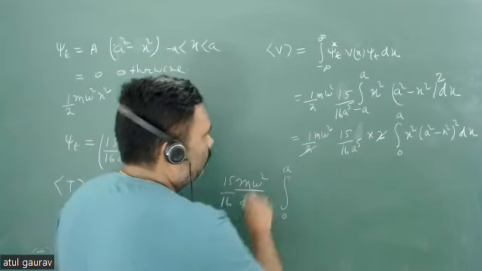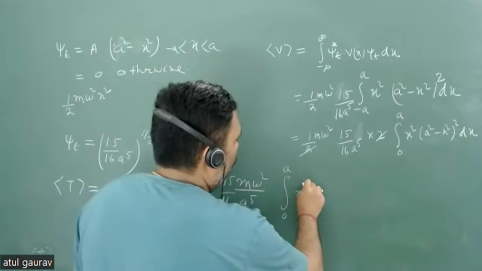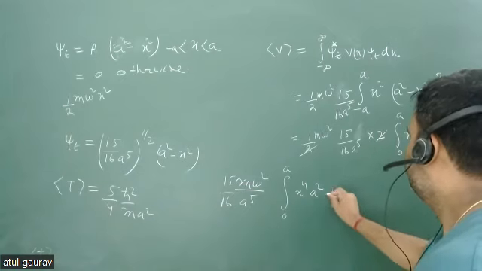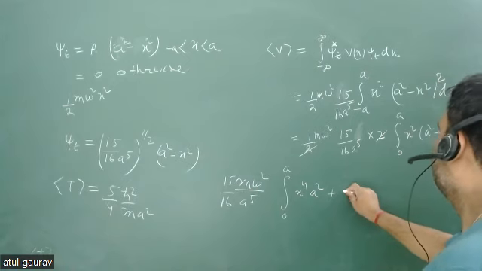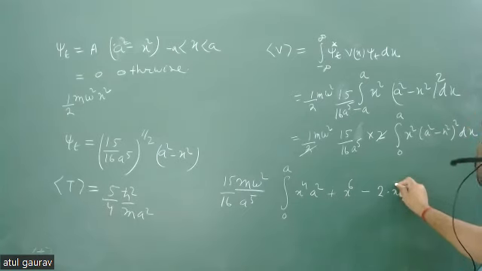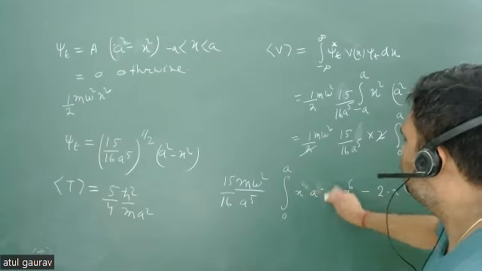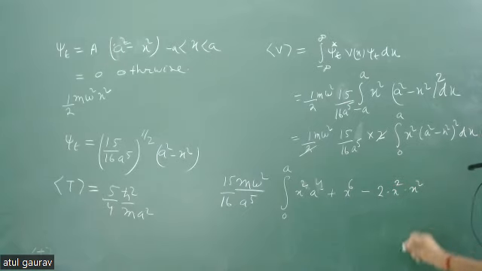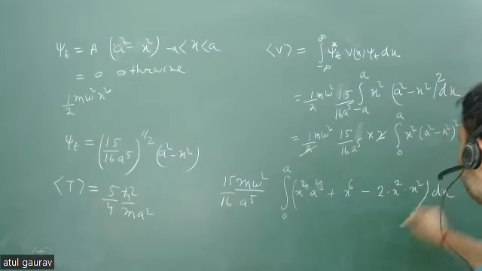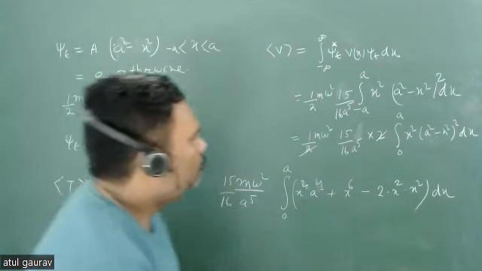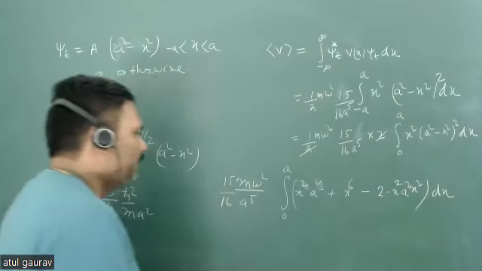This calculation is between 0 and a, and we have x to the power 4 a square, look, a square plus b square minus 2ab, what will the second one be? x to the power 6, minus 2 times x to the power, sorry, this is x square actually. This is a to the power 4 x square, and this will be 2 into a square x square into x square dx. Is that right? Just check it. Opening the bracket and multiplying by x square, a square will also come in the last term, obviously.